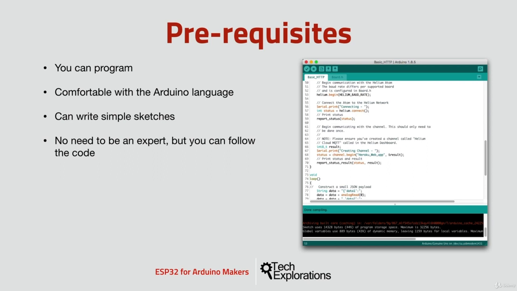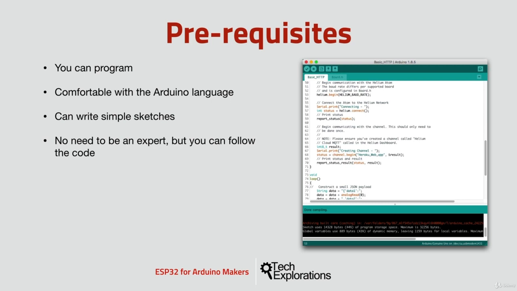So for example, you should be able to look at the code example that I've got here, which is from one of my Helium examples in Arduino Step-by-Step Getting Serious, and understand, at least in general, what is happening here. You should also be able to write your own simple sketches, either outright or by modifying existing examples or third-party sketches, but to be able to get those sketches to do what you want them to do.